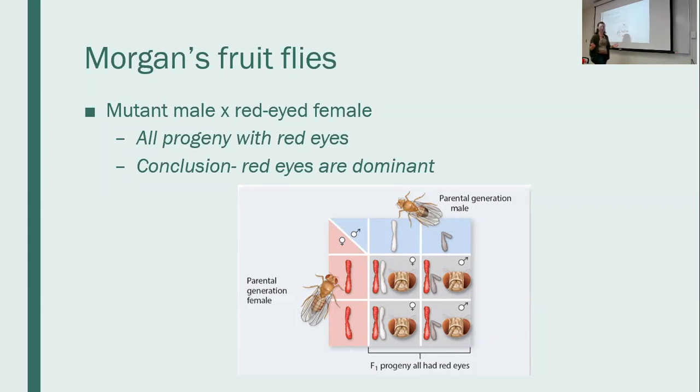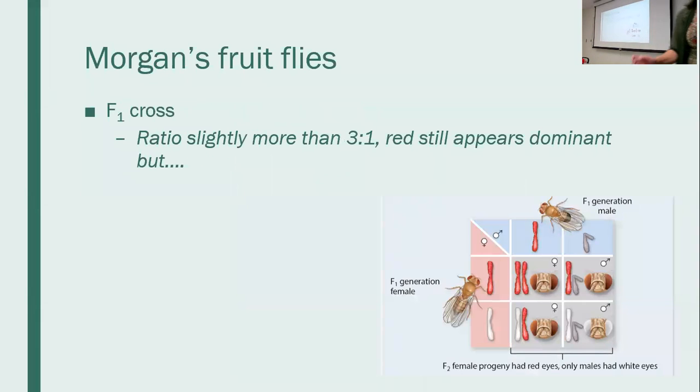That's not interesting, really. But then he took these F1 progeny and did that second monohybrid cross to get his F2 progeny, but he didn't get a 3-to-1 ratio. Not exactly, right? Because when you're actually doing this in a lab, you're not literally breeding one fly with one fly.